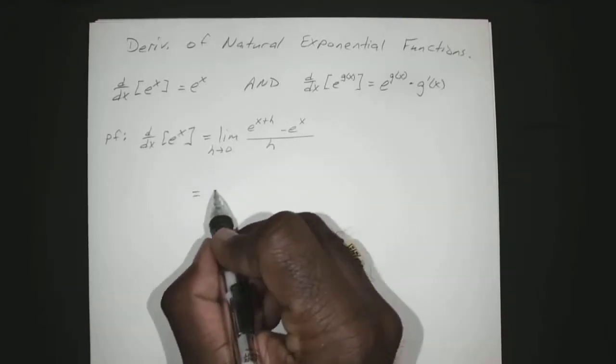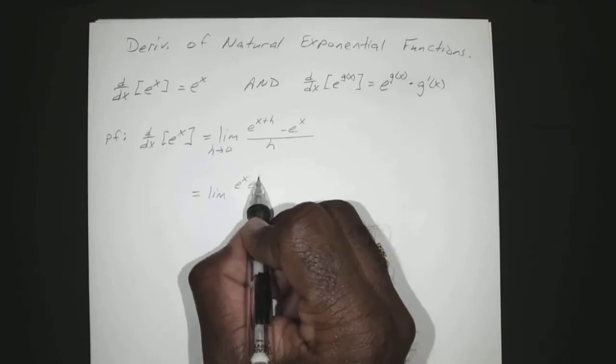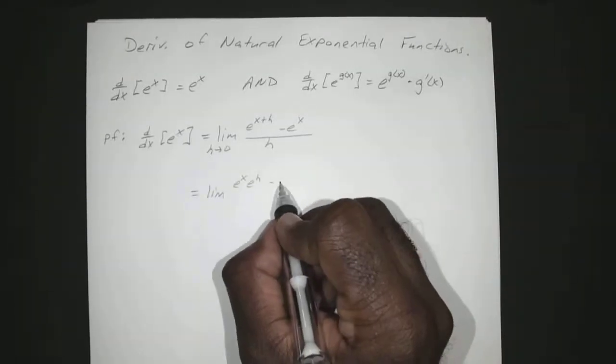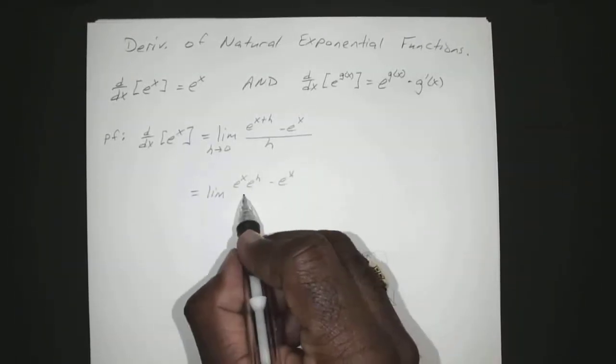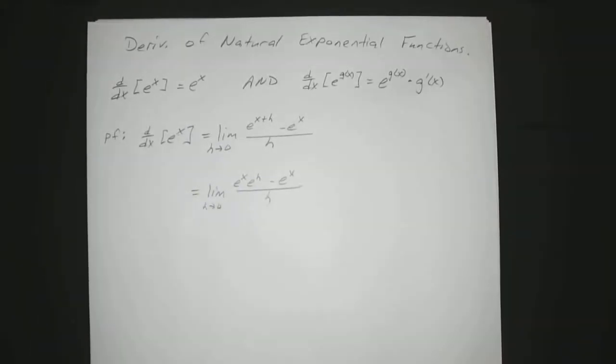Okay, which equals the limit of e to the x times e to the h minus e to the x all over h as h approaches 0.